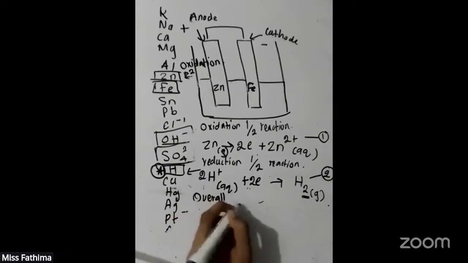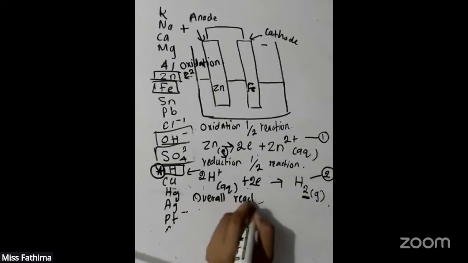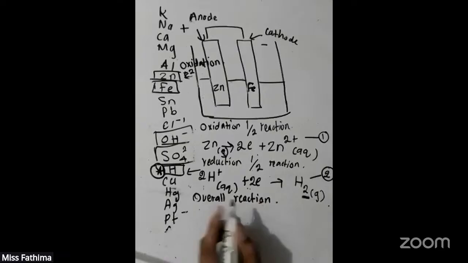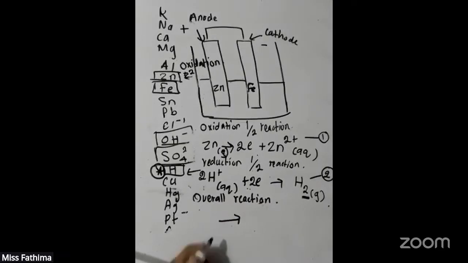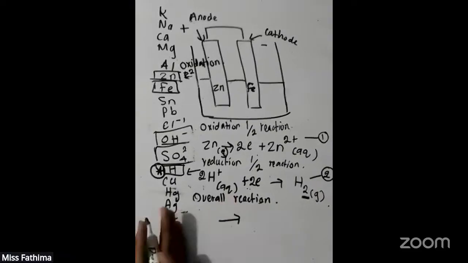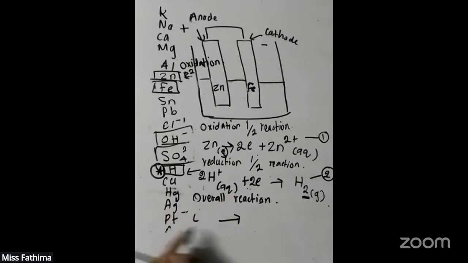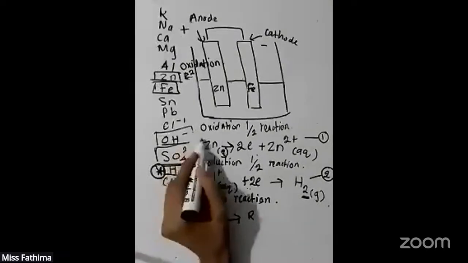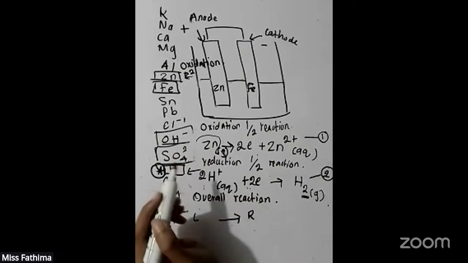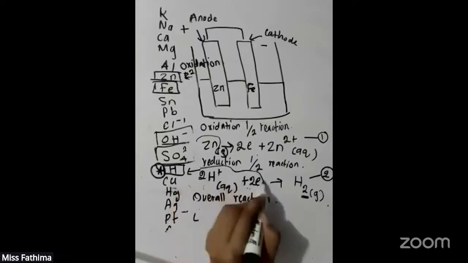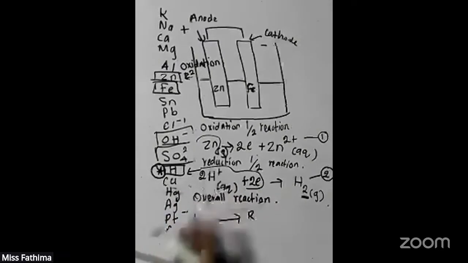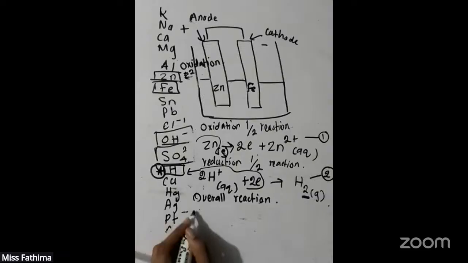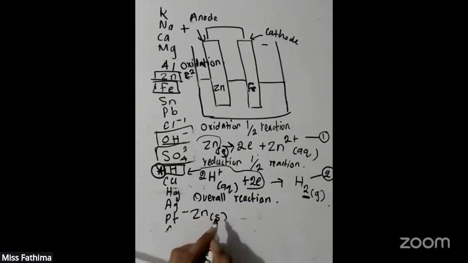Now you consider the overall reaction. So what I have said, you have an arrow. All the elements you have before the arrow, you write on the left hand side. After the arrow, you write on the right hand side. Now you consider here, you have zinc. And in this part, you have the 2H plus and 2 electrons. You write that first. Zinc, solid. You have to mention the physical state, children.